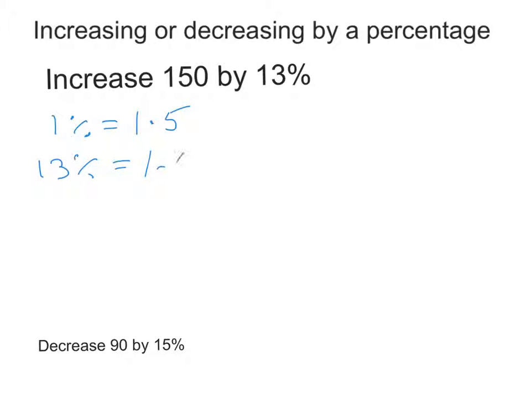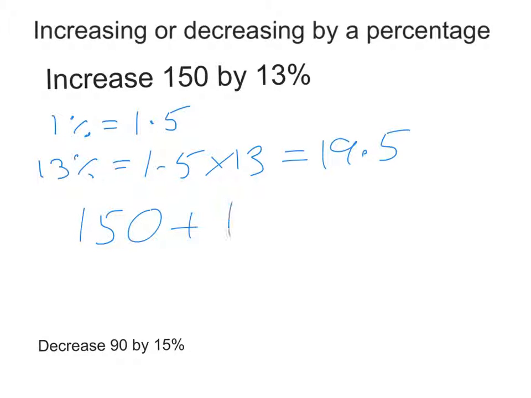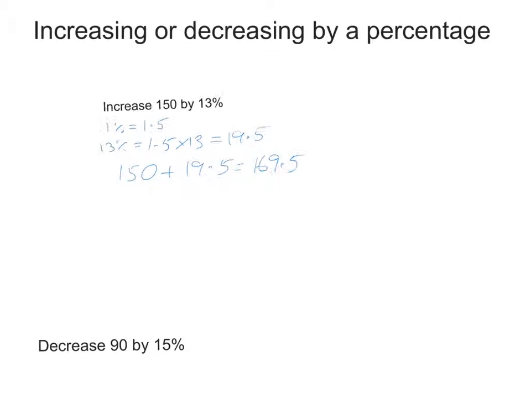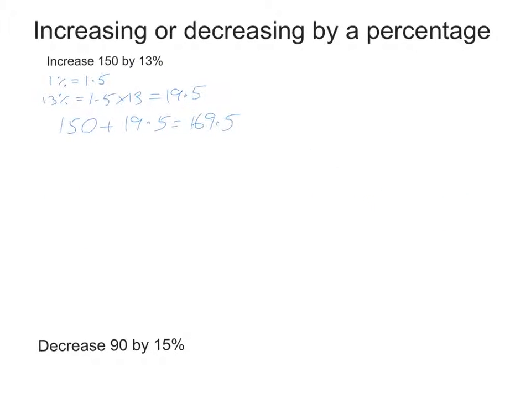So 1.5 times 13. Which is 19.5. And then add that on. So 150 plus the 13%. So that's your first option, but that isn't the way I would really recommend doing this question.